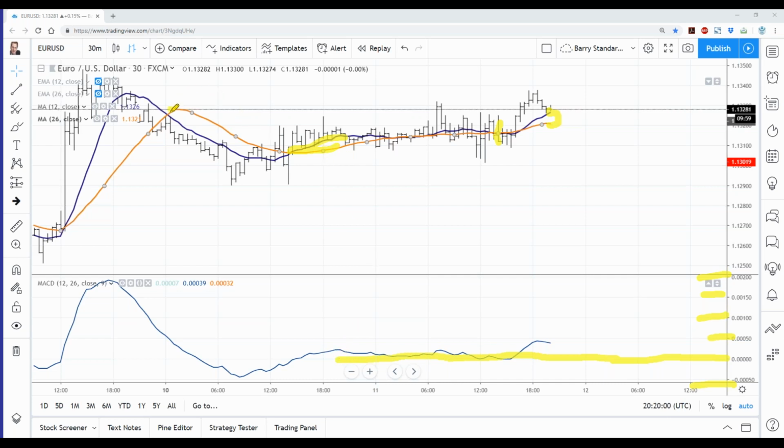When the longer period moving average, the 26-period moving average, was rising above the 12-period moving average, it would be a negative number, because when you're taking a smaller number and subtracting a larger number, it would come out negative. So again, if we watch the 0 line right here, we see that number fall below.